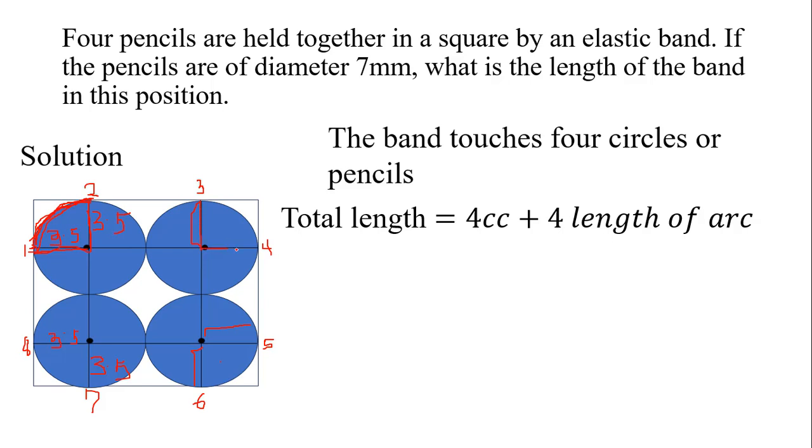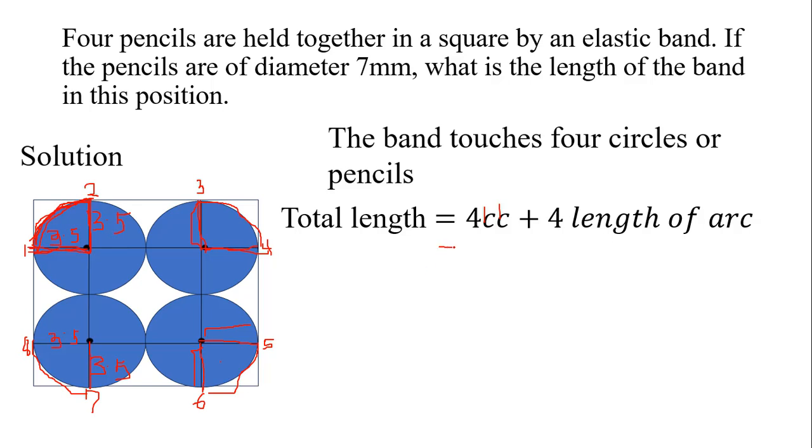This is 1, this is 2, this is 3, and the other one is 4. That's why I'm having 4 times the 2 radii, radius 1, radius 2, so that is 3.5, 3.5.